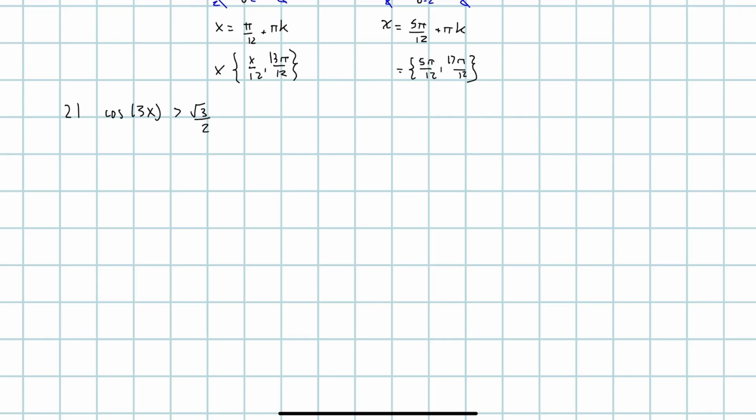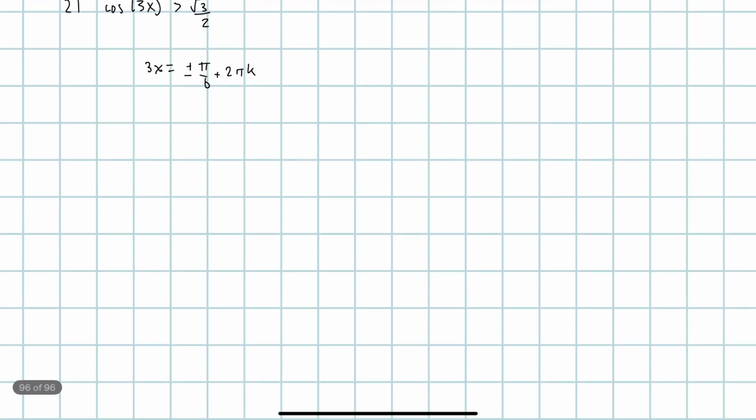Now we can next do this. We have 3x equals plus or minus pi over 6 plus 2 pi k. So this is within 0 less than or equal to x less than 2 pi, and also 3x is going to be between 0 and 6 pi.